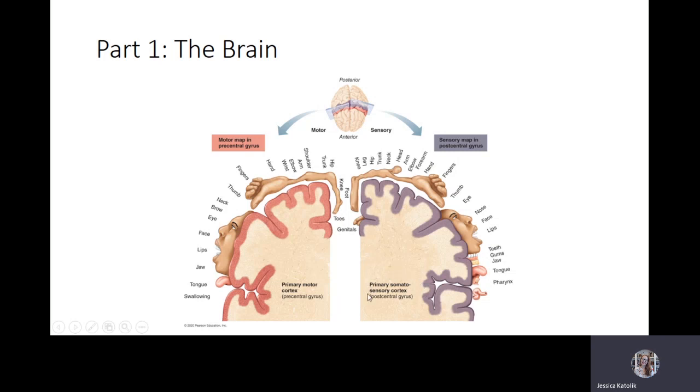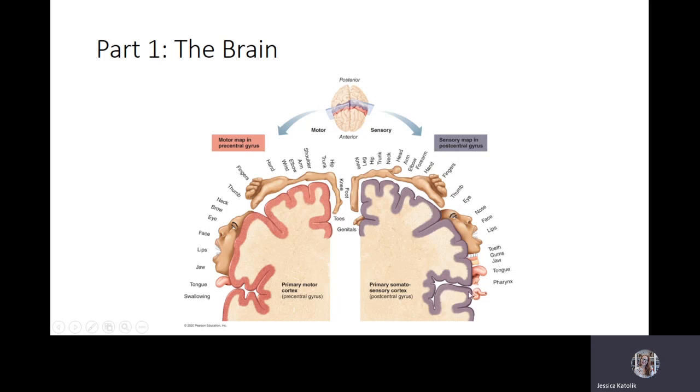So if we go over to the primary somatosensory cortex side, we can see that this particular area is going to be responsible for detecting visceral structures, so things such as the intestine. Areas such as the tongue are going to be detected here, and we have the lips, the face, the nose, eyes, the thumb, and the fingers and the hands.